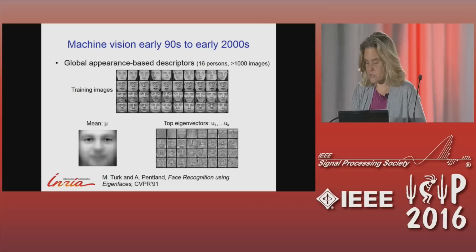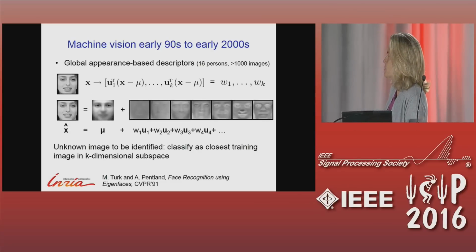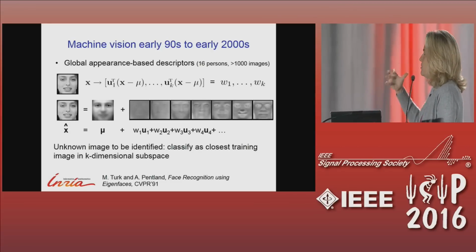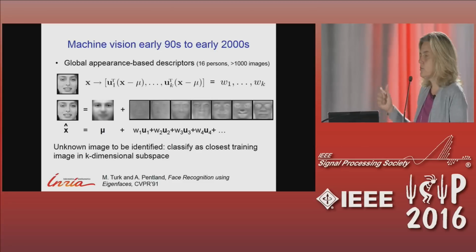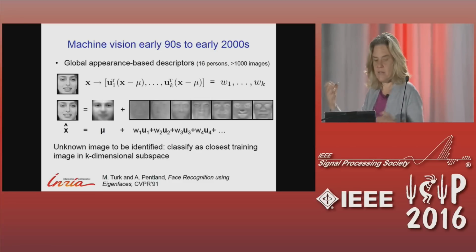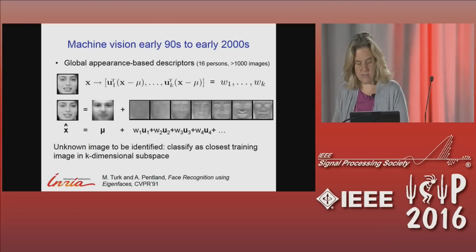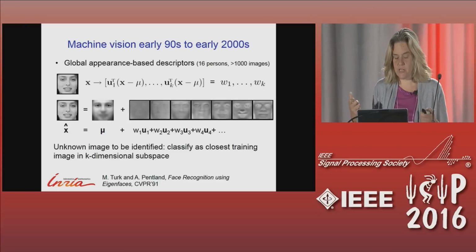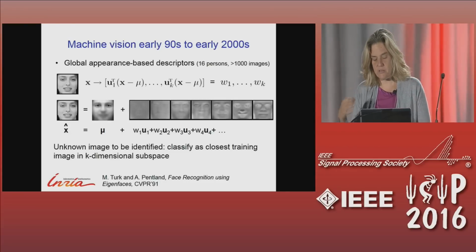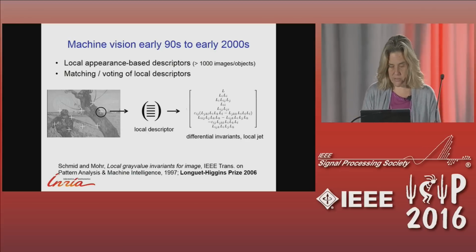Here, each face was expressed by the mean over the collection of faces and the coefficients for the different eigenvectors, right? This allowed compressing the representation and then finding the closest face in the subspace of faces. And why was this working potentially better? Because here you had this discriminative information which was based on the appearance.